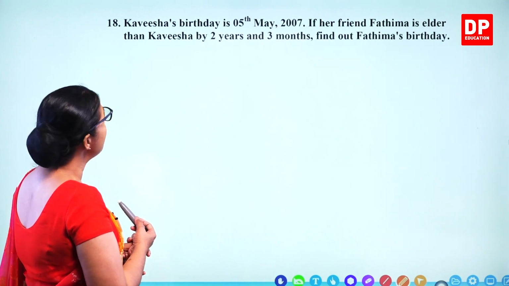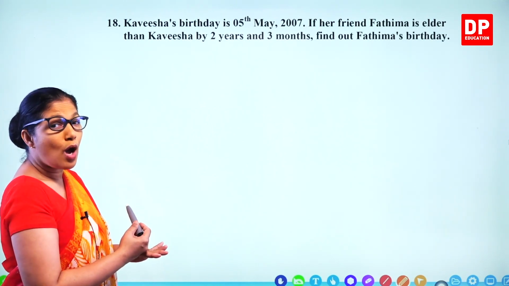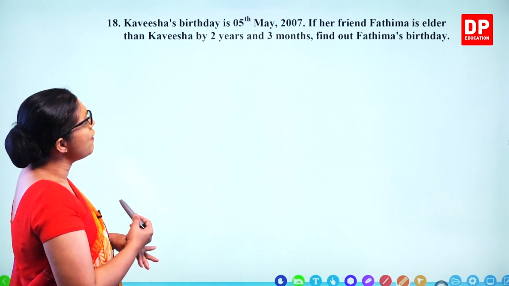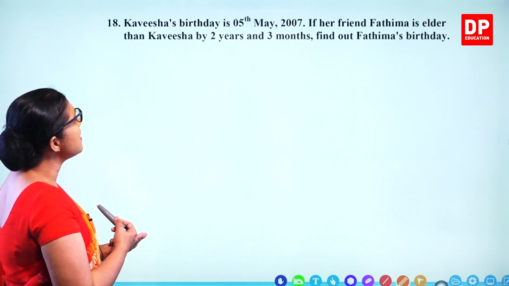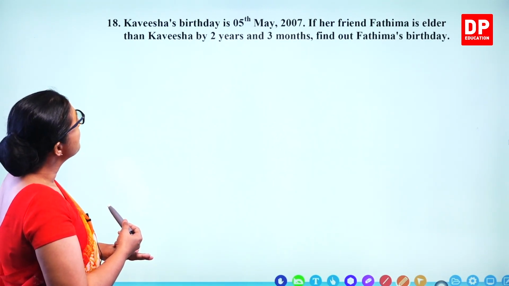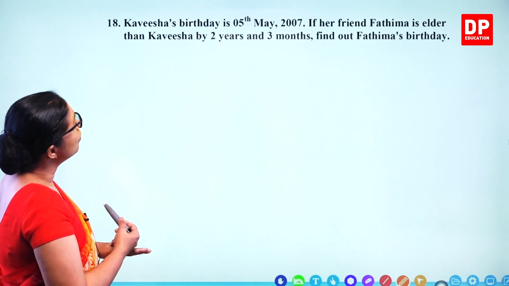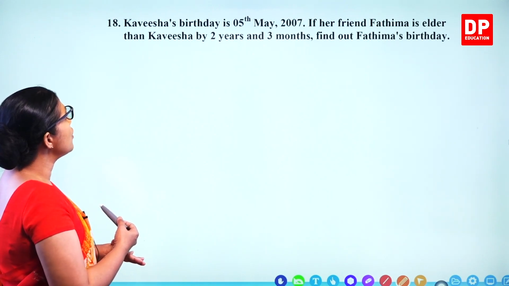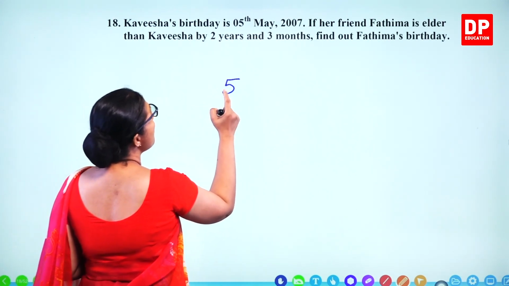Question number 18. Kavisha's birthday is 5th May 2007. If her friend Fatima is elder than Kavisha by 2 years and 3 months, find out Fatima's birthday. So, she is elder than Kavisha. So, you have to subtract.